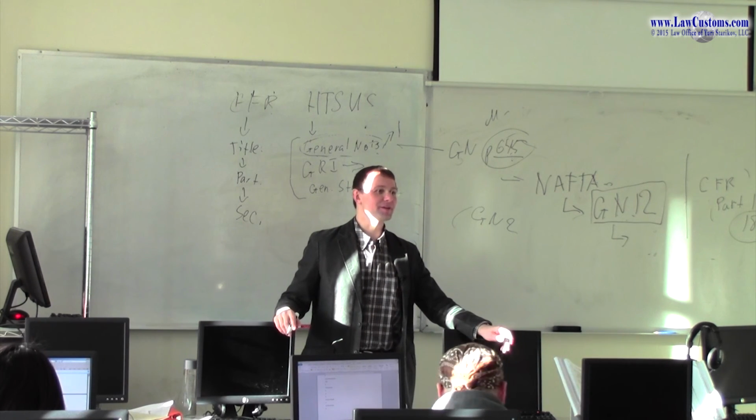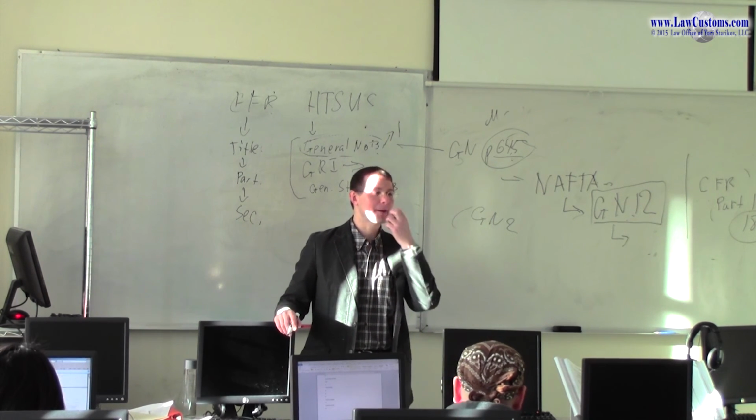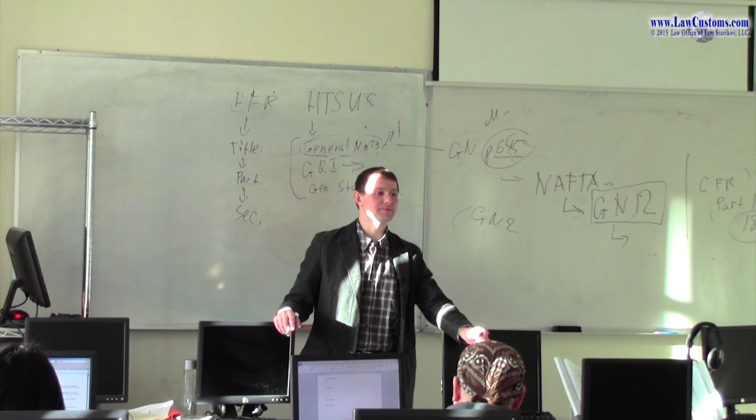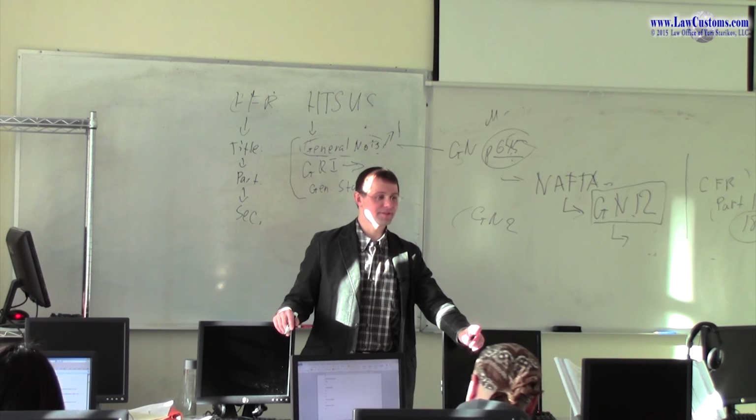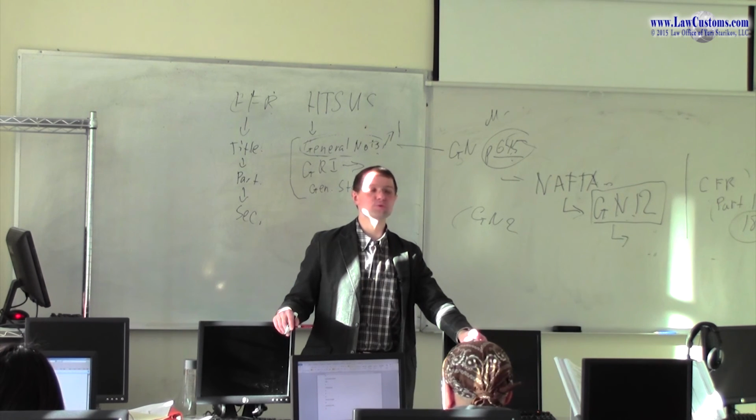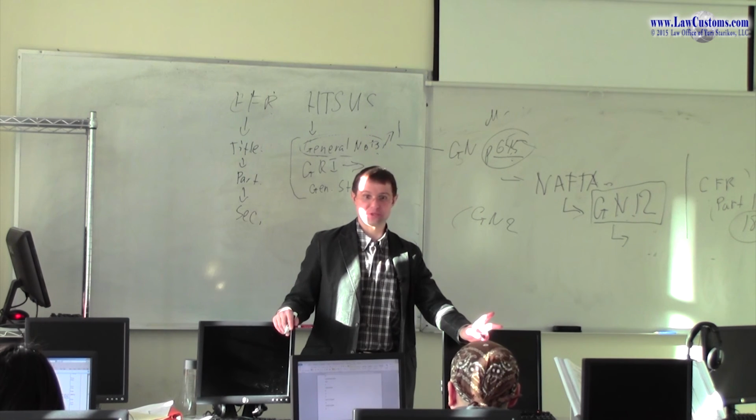I'm confirmed because I have the actual hard copy book, and I have General Note 12 in my book. You have it there too. I have it here, yes. But how many pages is General Note 12? General Note 12 can span maybe 200 pages because NAFTA is very big.